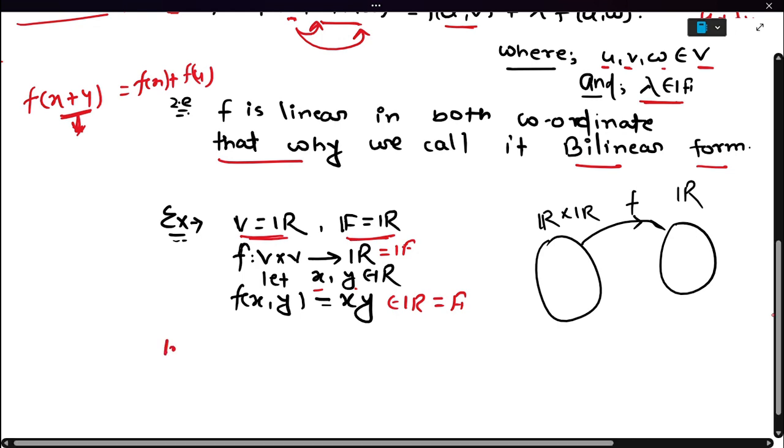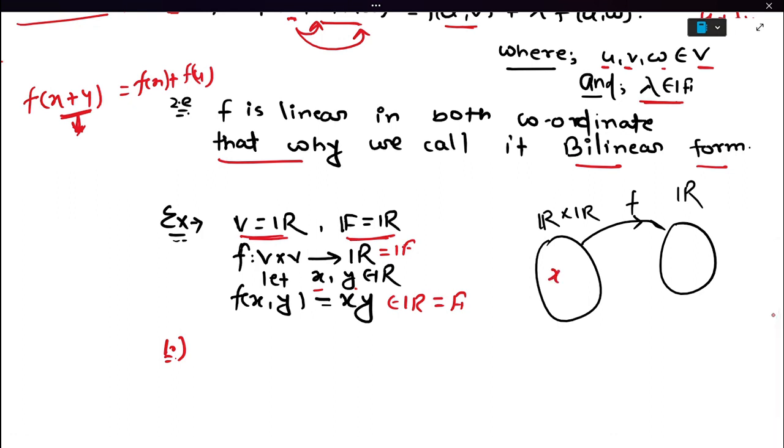So first it should be a function, because any element of R cross R is of the form (x, y). So every element has an image in this. And now check that any one element should not have two images.